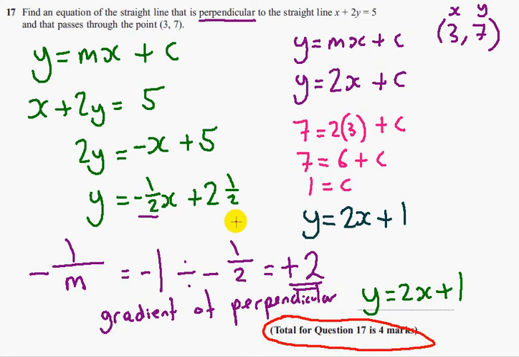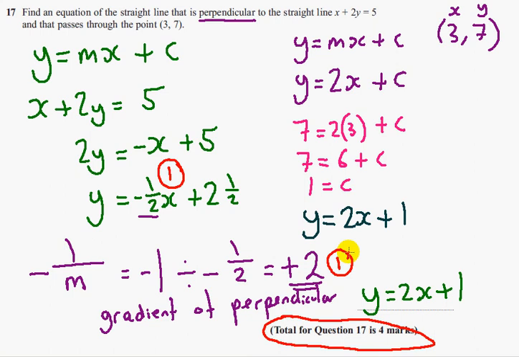Okay, the first one is a method mark for establishing the original line has got a gradient of minus a half. Okay, so we've done that there. The second method mark comes from finding the gradient of the perpendicular line, which is 2, okay, positive 2.